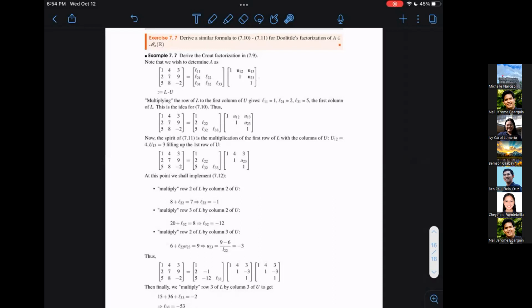It's another factorization method, pero hindi naman siya LU, siya ay QR factorization, meaning it's writing A as a product of a unitary matrix Q and a rectangular matrix. Rectangular matrix nga ba yung R? I think R is either an upper triangular or a lower triangular matrix.